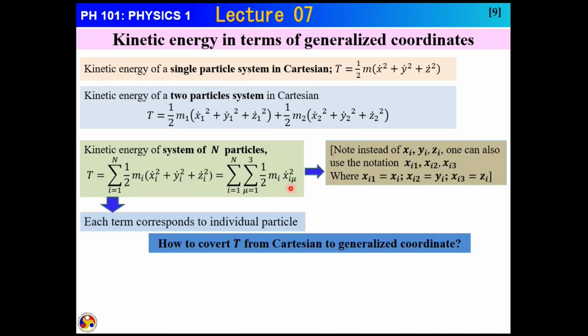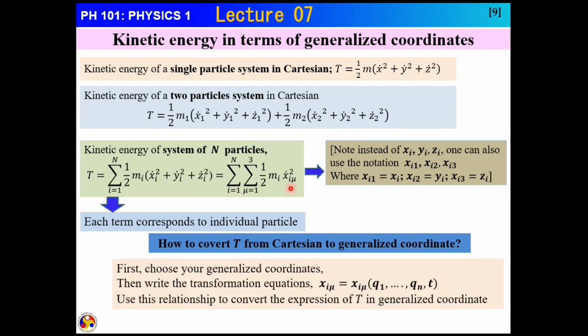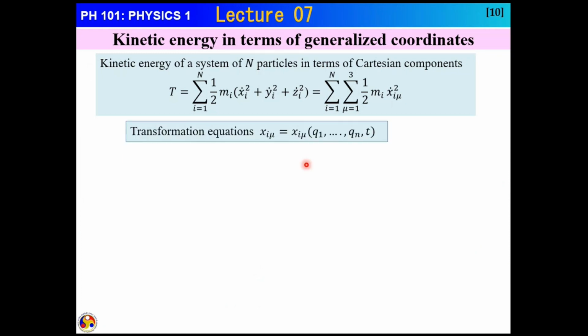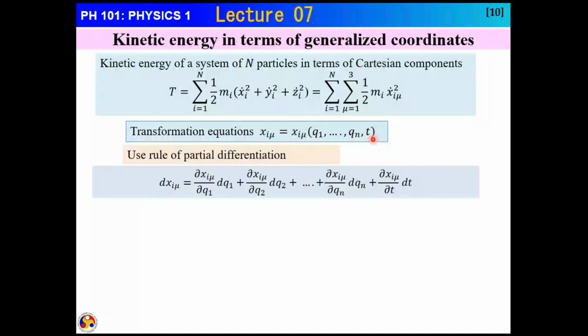Now, how to convert this kinetic energy into the generalized coordinate form? Well, it's not difficult, okay? You know that once you know the x_i, which is a function of generalized coordinates and time, then you have to do the differentiation.